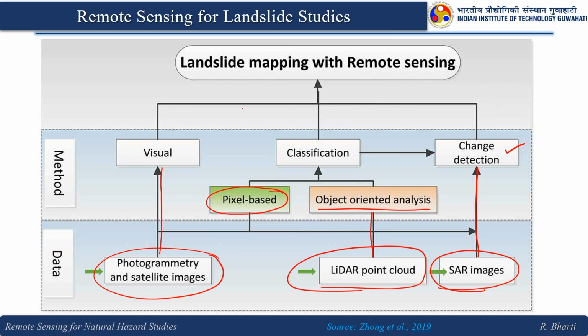And then together, when you are integrating all these data sets, all this information derived from remote sensing data, then we can call it landslide mapping with remote sensing.